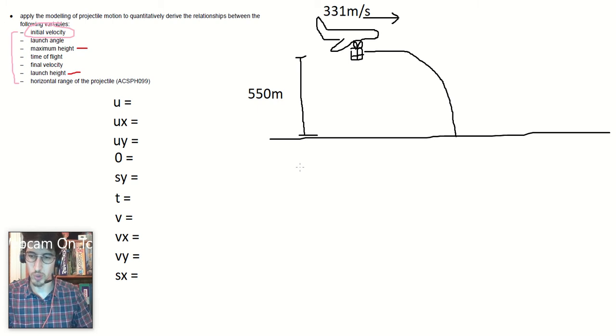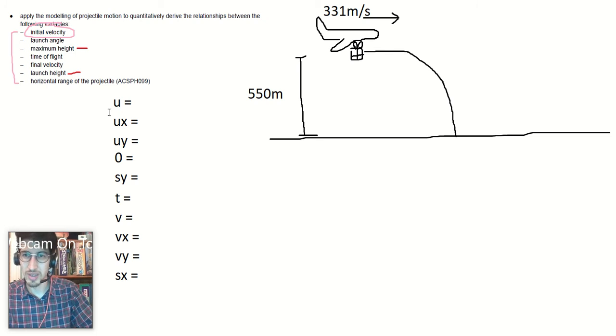What equations do we use? Oh, no, we're not solving for them. We're trying to work out what we already know. So u, initial velocity, it was given to us: 331 meters per second.